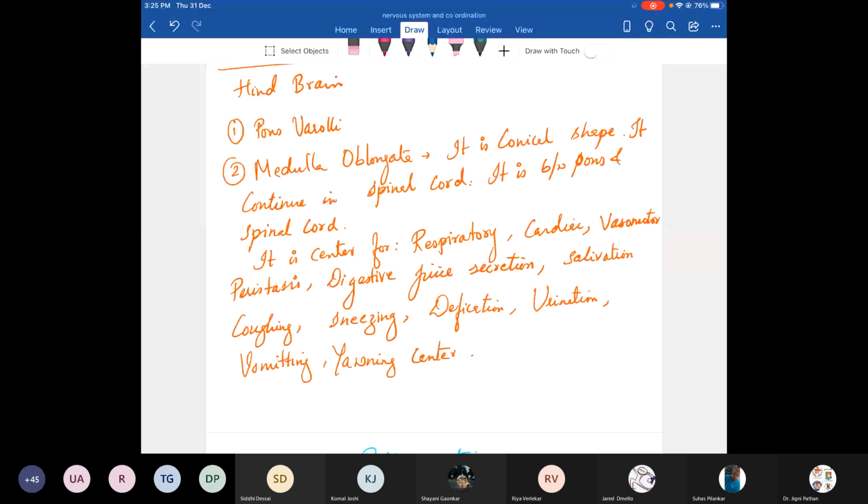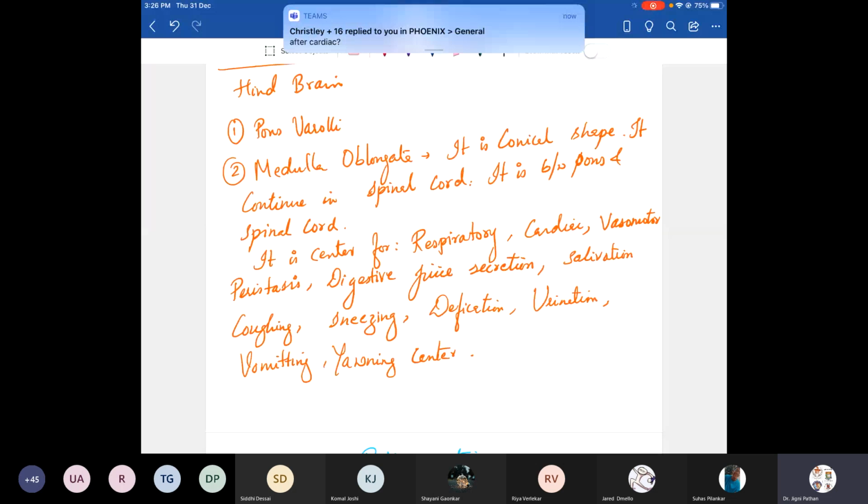Is this point clear? After cardiac, vasomotor. Firstly, it is vasomotor.